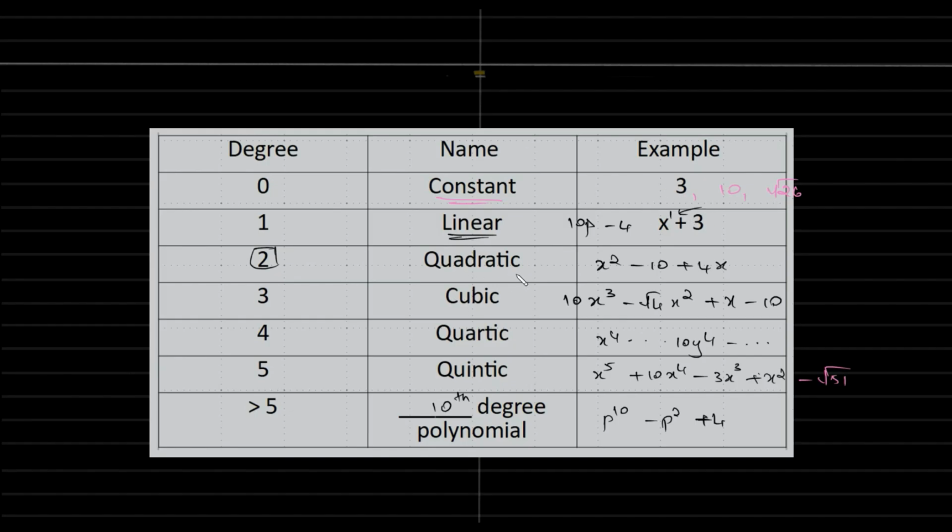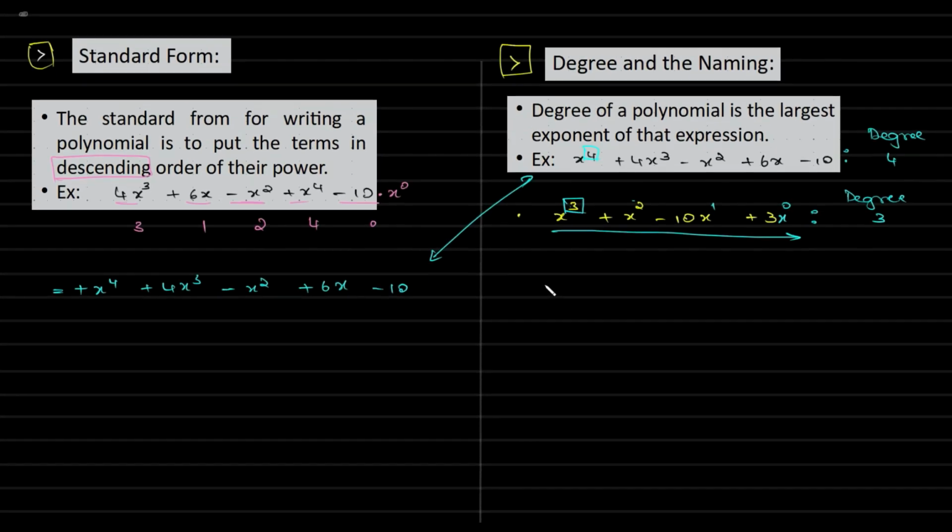Quadratic equations you have as a separate topic. There too, the heading itself you need to understand. Quadratic means the degree is 2. But what is the degree? When you put something in standard form, the highest power, that is the leftmost term's power, is your degree. Of course, you need not put it in standard form. You can just look at an expression and tell, okay, degree is 4.